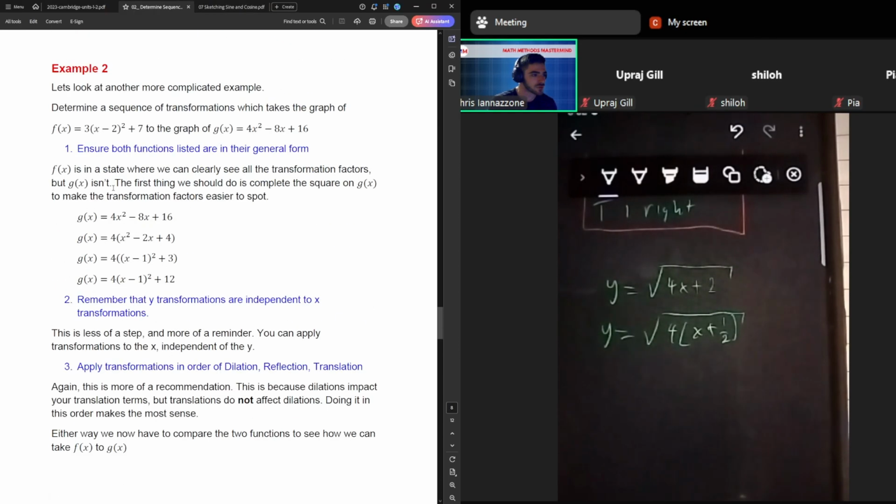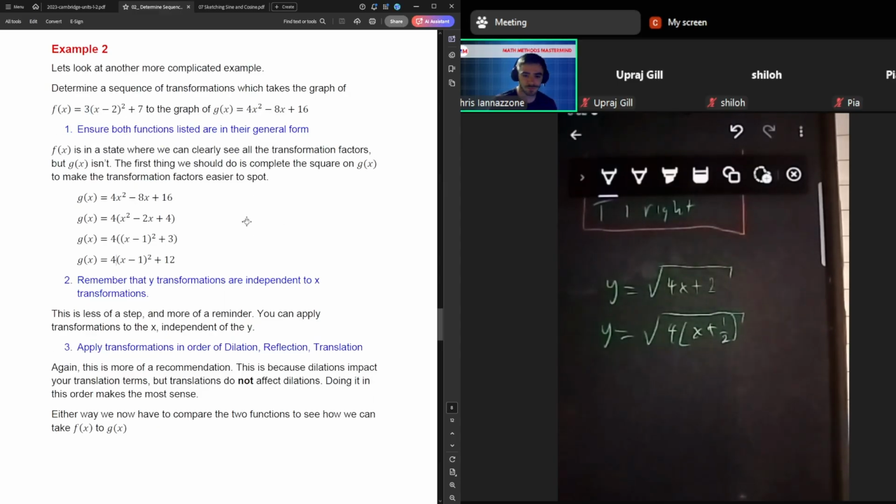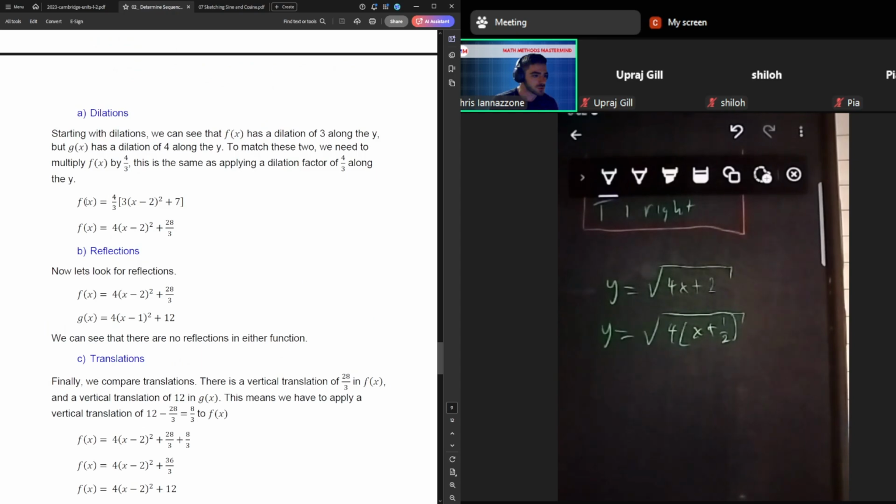If you multiply by 4 over 3, the 3s will cancel, and you'll end up with a 4 there. So multiply the entirety of f by 4 over 3. Remember, it's got to be the entirety of it. This is why we do these first, so we don't mess this up too much. Multiply by 4 over 3. Now you've got this dilation factor well and truly sorted.